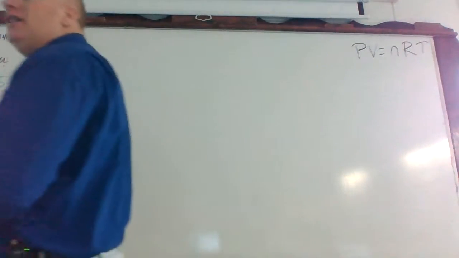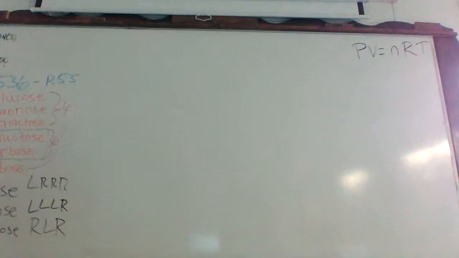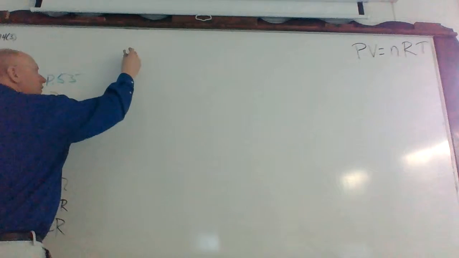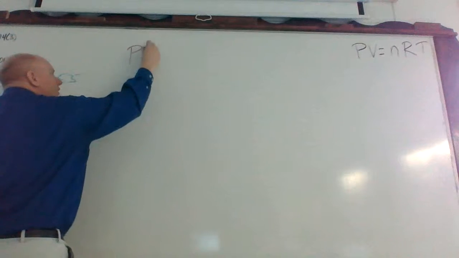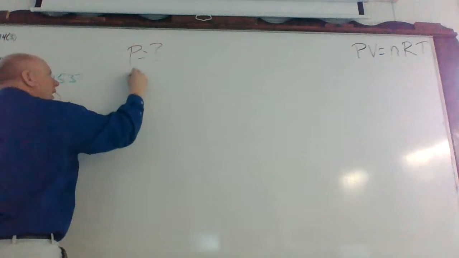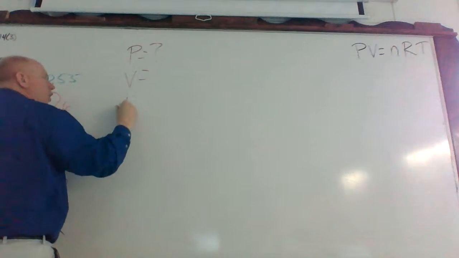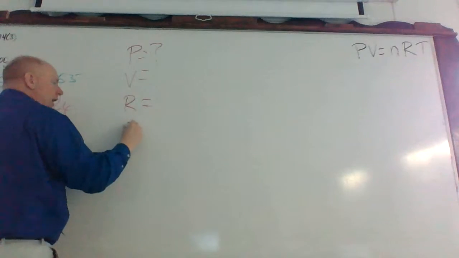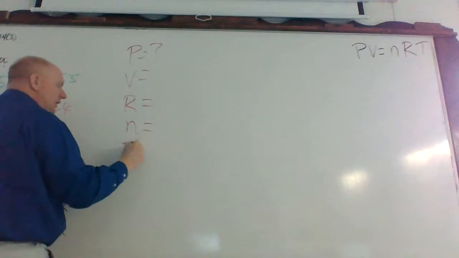This is going to be a trick question, perhaps. What's the variable for N? We just said what it was. Number of moles. Let's say you were not given part of that information. We'll circle around to that. So you're looking for the pressure because you don't know it. You were given the volume. You know what R is, you know what N is, and you know what T is.